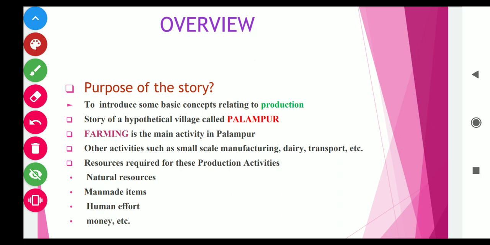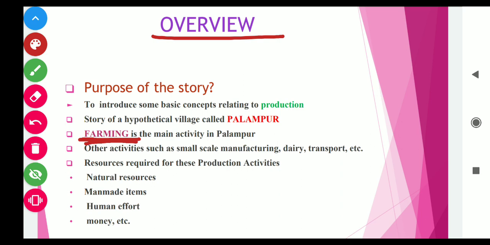Let's first have an overview of the village Palampur. First, the main activity of the people in the village of Palampur is farming. Means most of the people are involved in farming. So farming is the main production activity here.